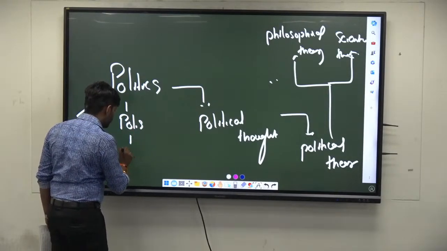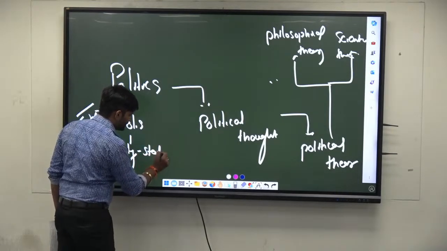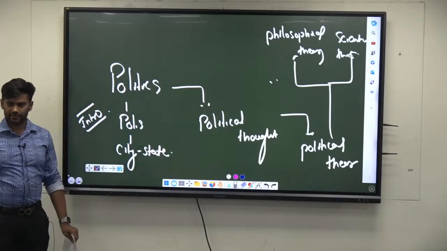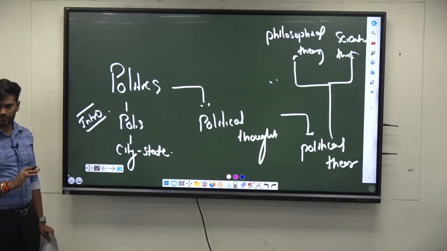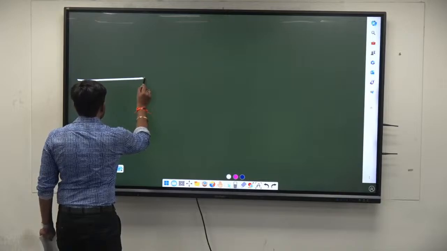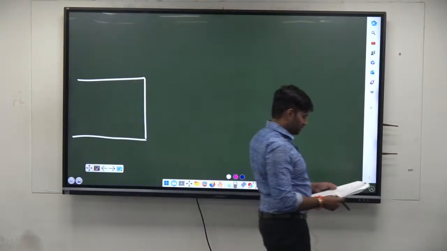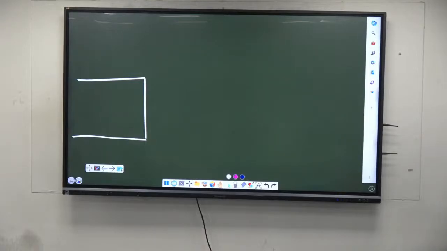Understood? And in Greek, politics is called what? Polis. The word polis deals with city, state. So any doubt? Now we understood what is a political thought. So obviously which political thought are we now supposed to read? The Western political thought.